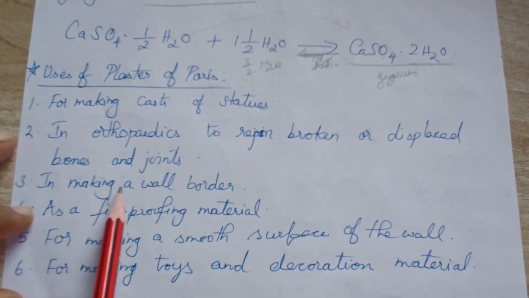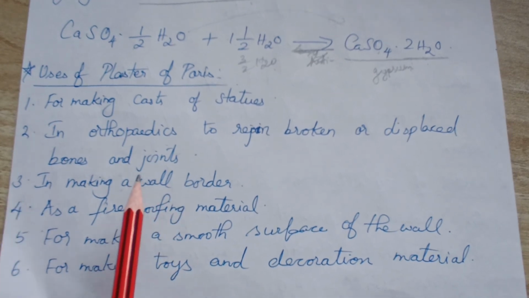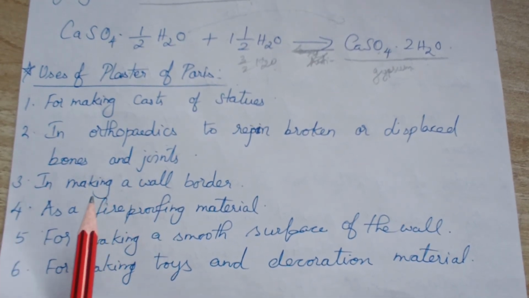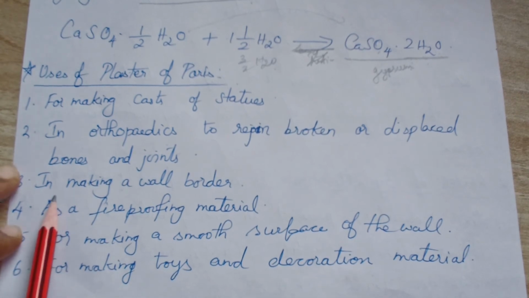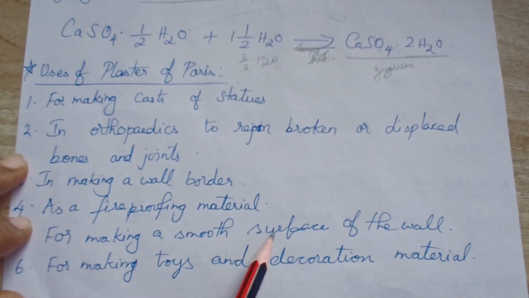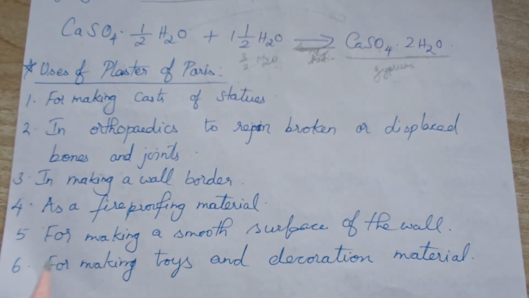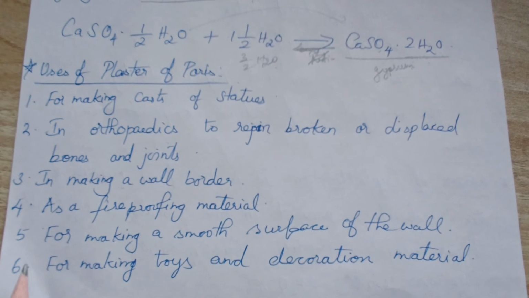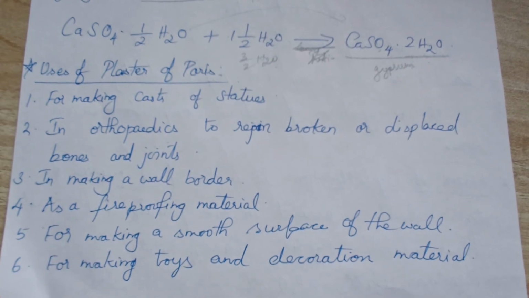It is used in making wall borders, the white borders you would have seen on walls, all made of plaster of Paris, as a fireproofing material. It is used for making a smooth surface on walls. If you touch some walls, they are very smooth, because after plastering they are plastered again with plaster of Paris, which gives a smooth surface. It is also used for making toys and decoration material.